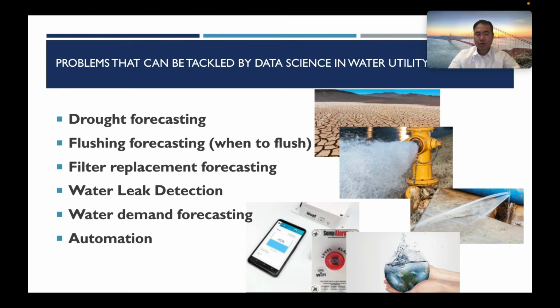So I'm working on some automations as well, using models, machine learning, deep learning and artificial intelligence. By automating those processes, we can save a lot of time for people, and they can do more productive things. So it can increase the efficiency of the water company.